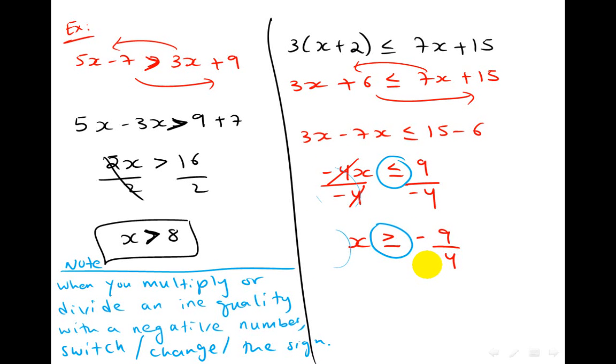That means if it was greater than, change it to less than, and the opposite. So this sign must be changed. So this is the difference.